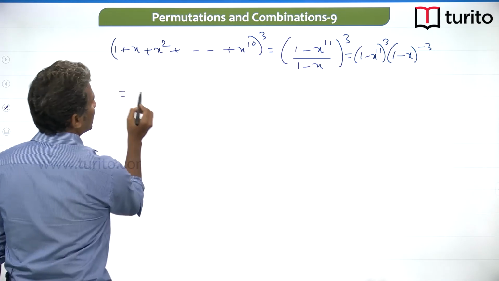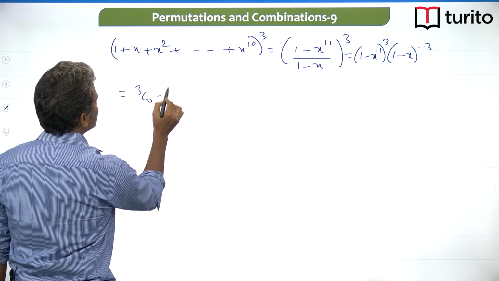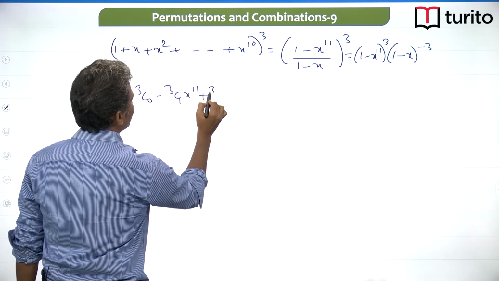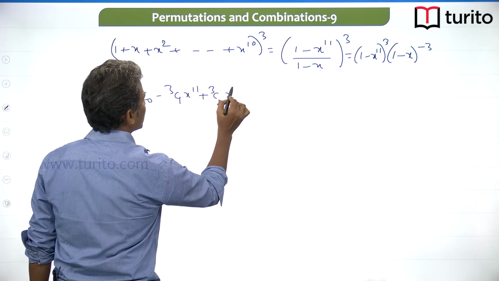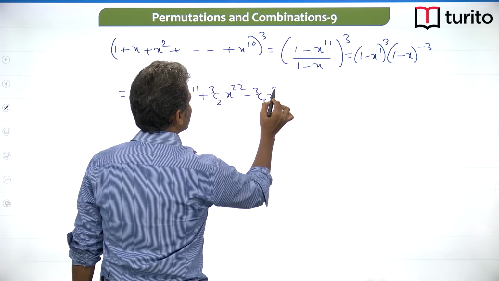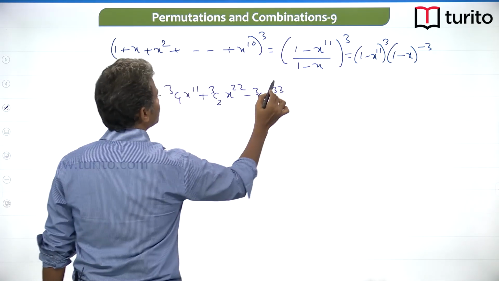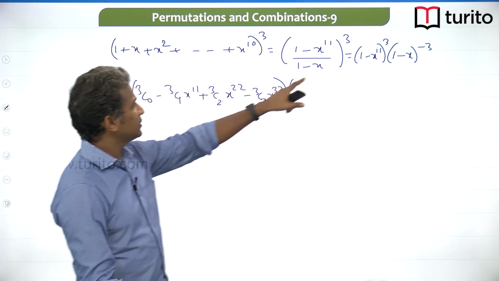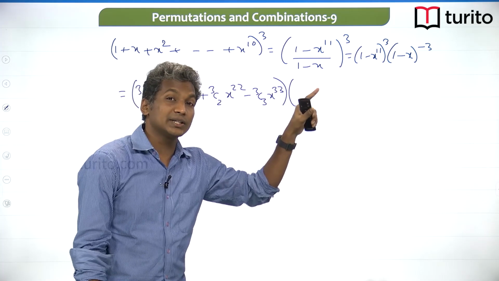So how do we do that? 3c0 minus 3c1 into x raised to 11, because this is the first question I am writing all terms. This is (a minus b) whole cube. Now the next one is (1 minus x) whole raised to minus 3.